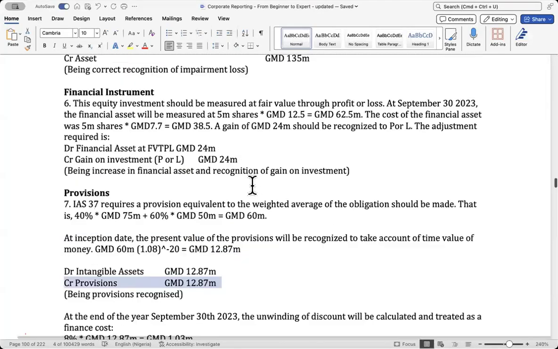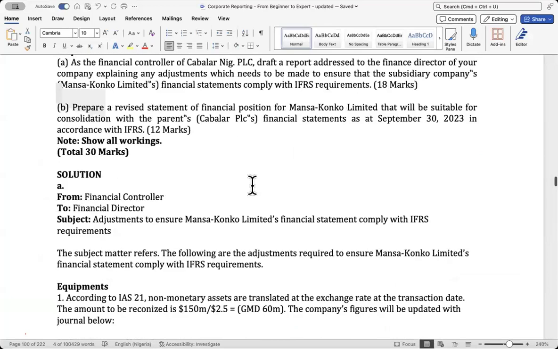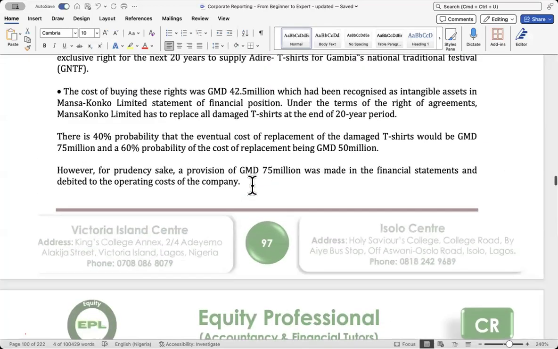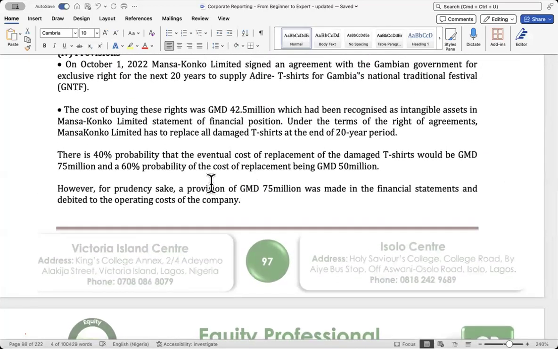This is the correct thing. But what did this guy do? He actually recognized a provision, but he debited P&L, he debited operating costs. Not all provisions are debited to an intangible asset.